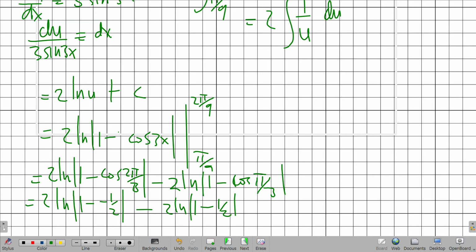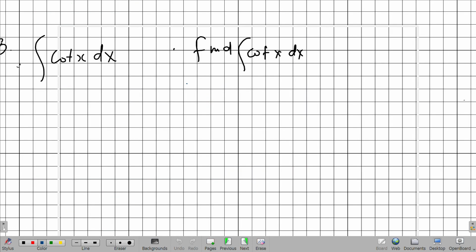This is equal to 2 natural log of 3 over 2 minus 2 natural log of half. You can apply the rules. That's 2 again, they divide each other, so that's just natural log of 3. Your answer is done by substitution. Right. Next question.